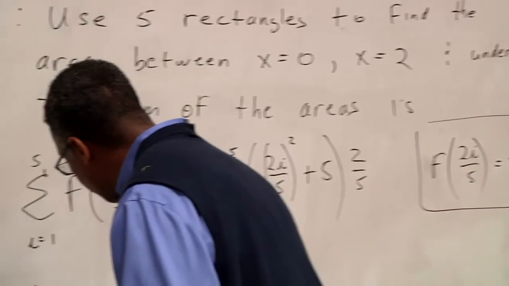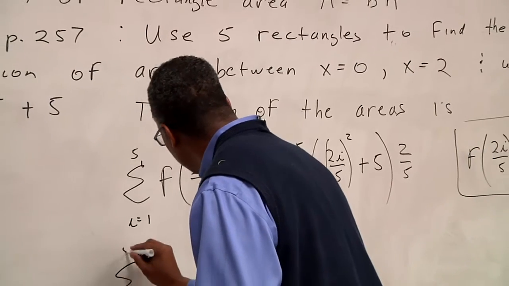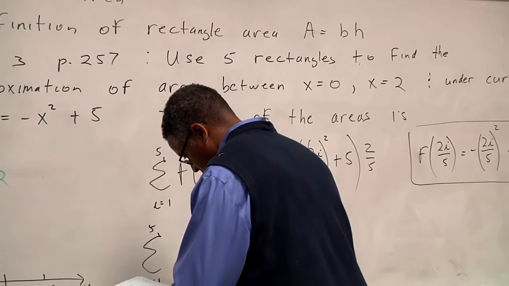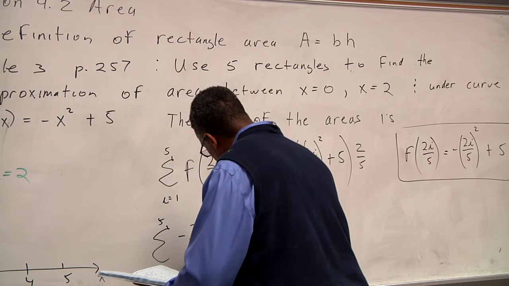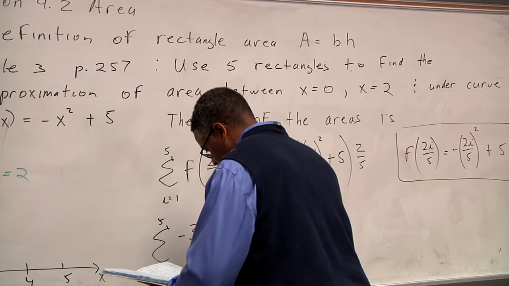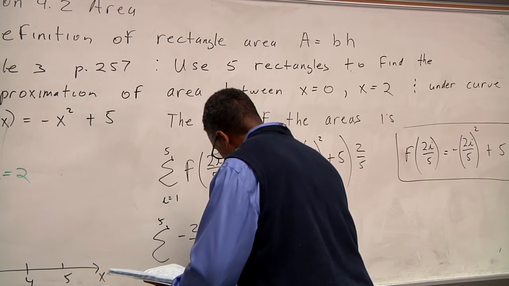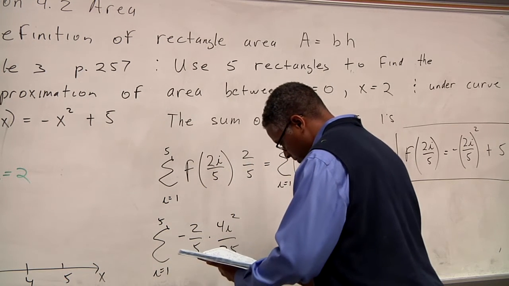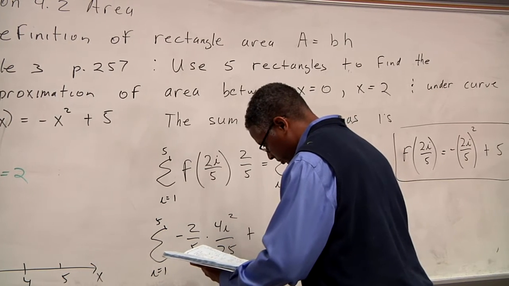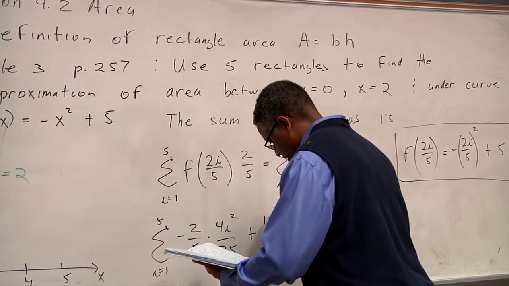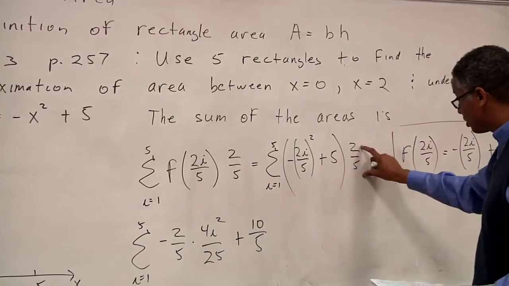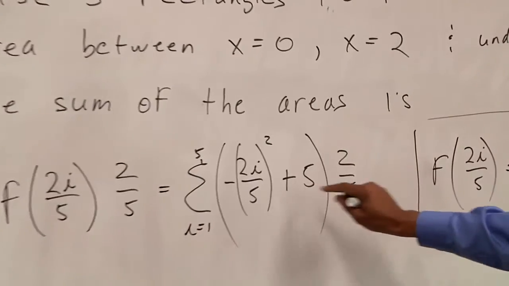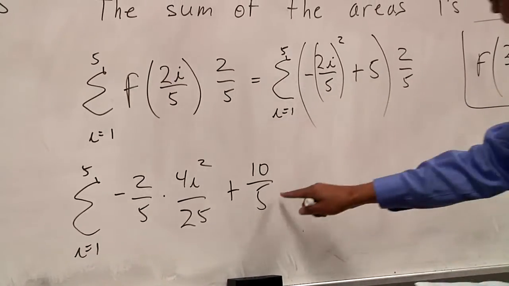I'm going to get the summation from i equals 1 to 5 of minus 2/5 times 4i squared over 25 plus 10 over 5. You may ask, how did I get that? All I did was distribute the 2 over 5 to that term. I distributed the 2 over 5 to 5 to get that term.